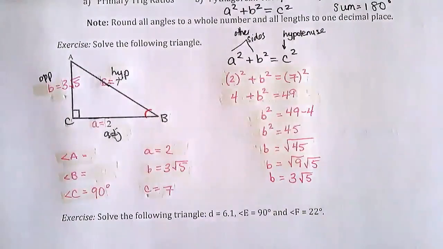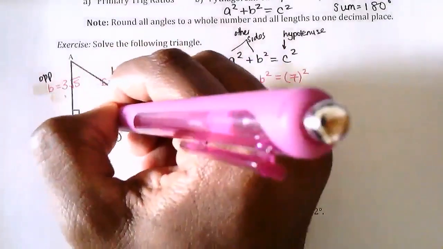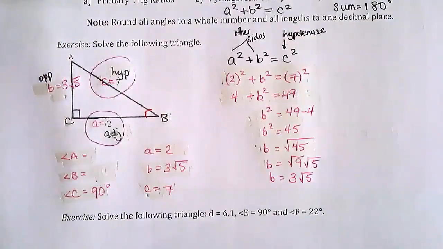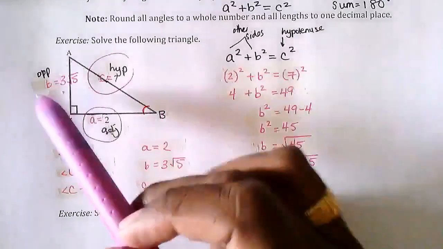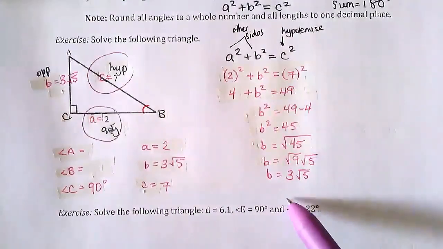I'm given all three sides, so I can make either a sine ratio or tan ratio or a cosine ratio. But what I suggest is to use the side lengths that were given to you in the question. So you were given adjacent. You were also given hypotenuse, so use that to form your ratio. Why? Because let's say you calculated this incorrectly.